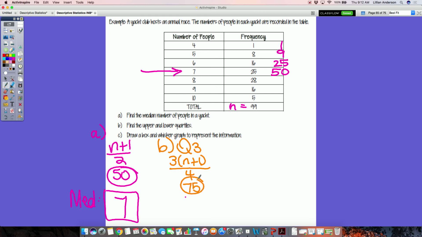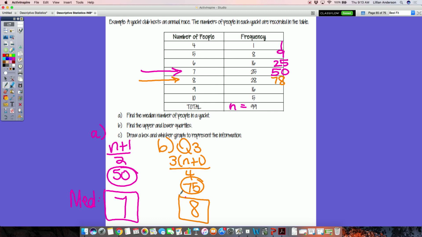So 75 represents where my Q3 is going to lie within my data. So I need to keep going. What's 50 plus 28? 78. Doesn't the 75th term lie between 50 and 78? Mm-hmm. So then my upper quartile is going to be 8.